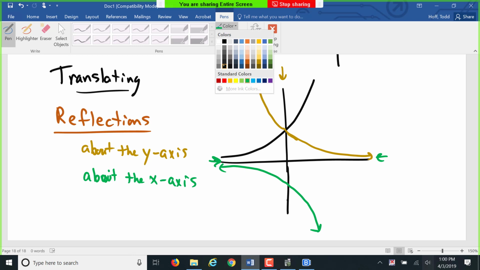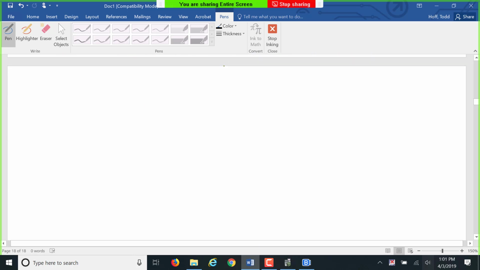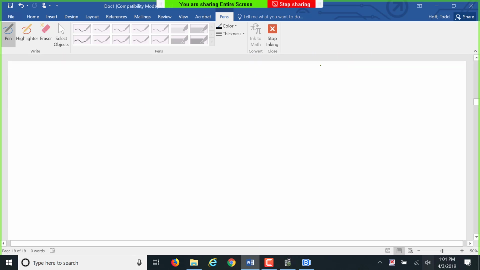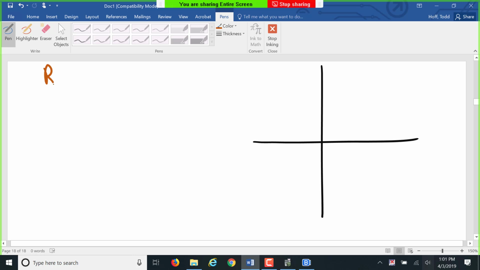So now, algebraically, how do we make those happen to each of our graphs? Let's look at reflecting about the y-axis.